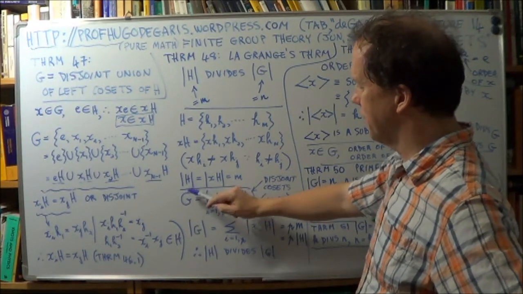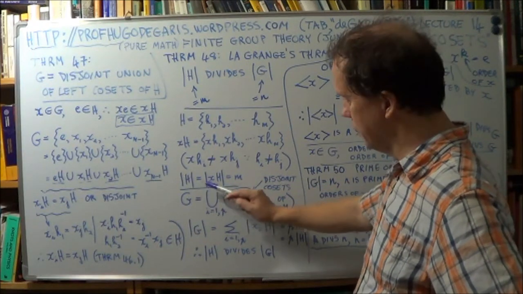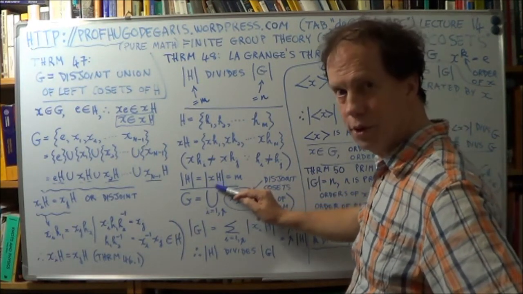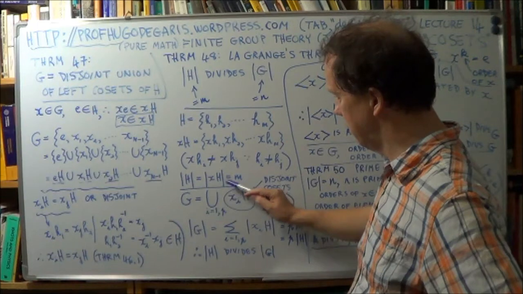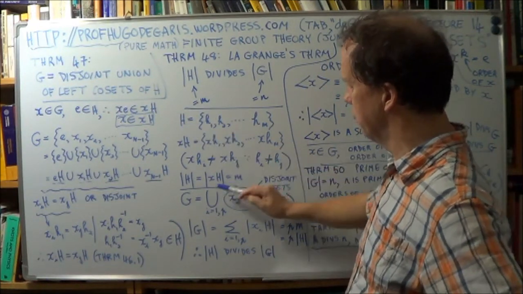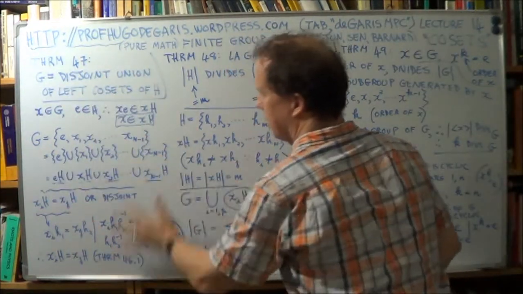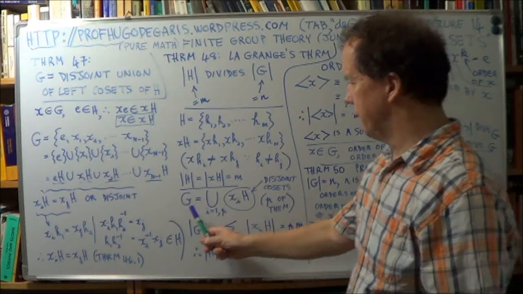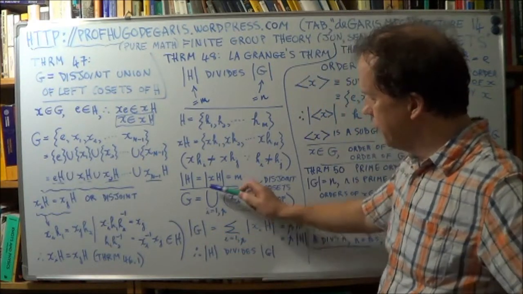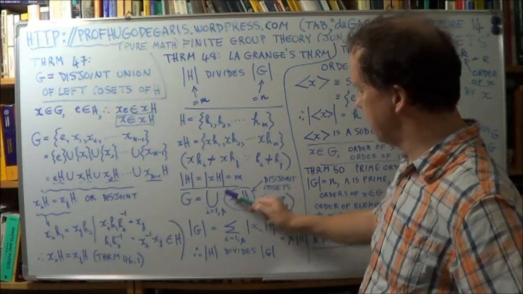In other words, the size of your subgroup is equal to the size of your coset, and they're both M. M is the order of your subgroup. So you've got that. Now look, from the previous theorem, your group is the union of disjoint cosets.